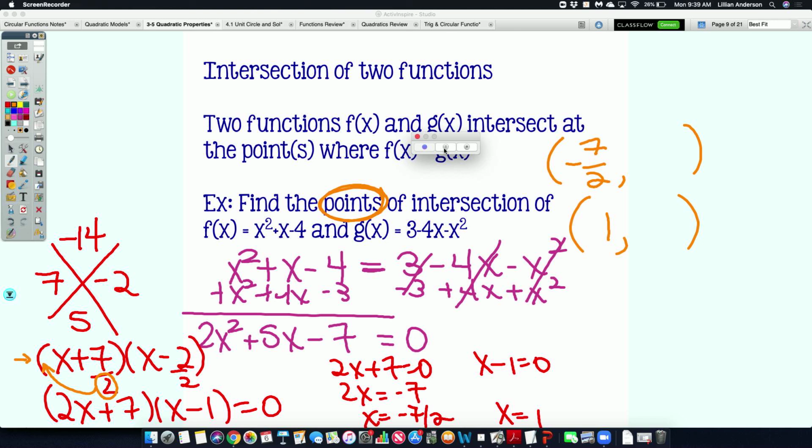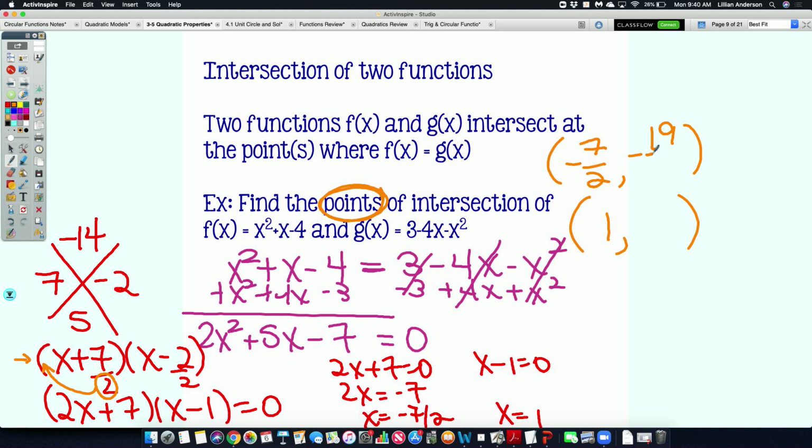What's the y value for -3.5? -19.75? I put 19/4 for the fraction. That's what I got too. I didn't get negative. Positive. I got negative.